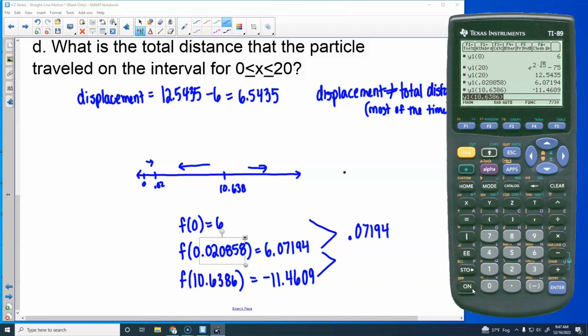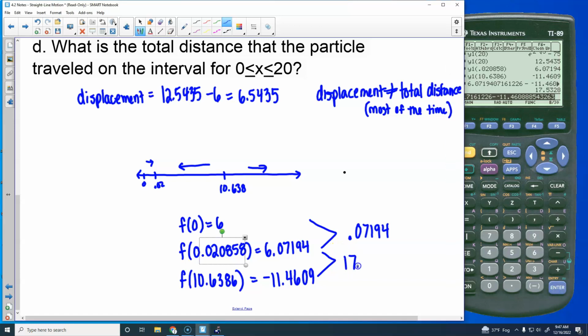I could subtract, or you could think of it like you're over here at positive 6, and then you go to negative 11 point something. So you could add them. Either way, it's going to end up the same. So you got the 6.07194 minus that negative 11, or the double negative becomes a positive. So you went 17.5328 to the left.